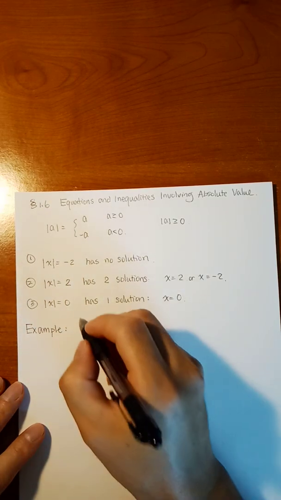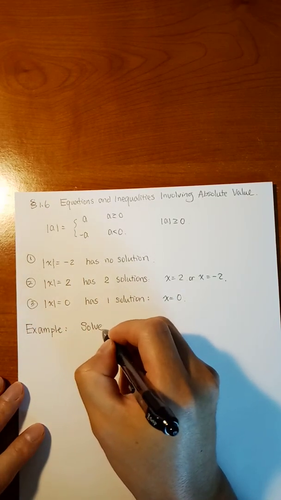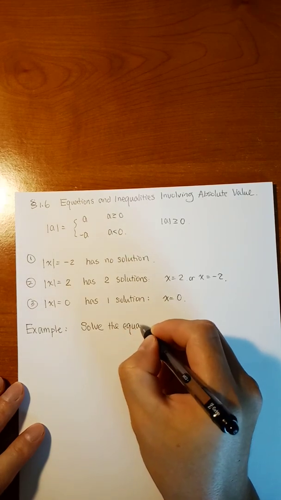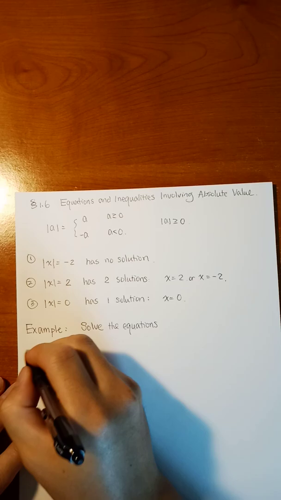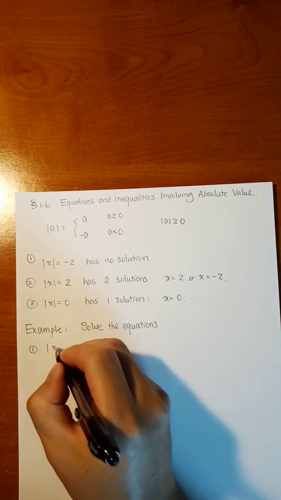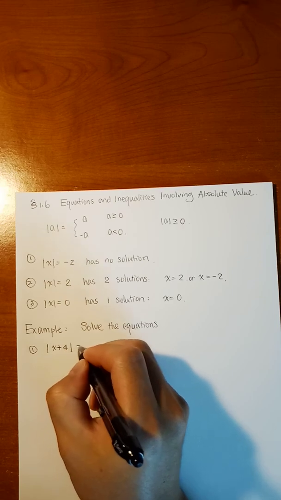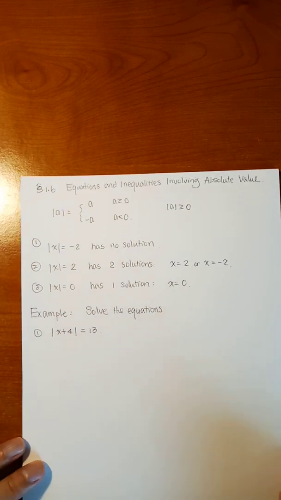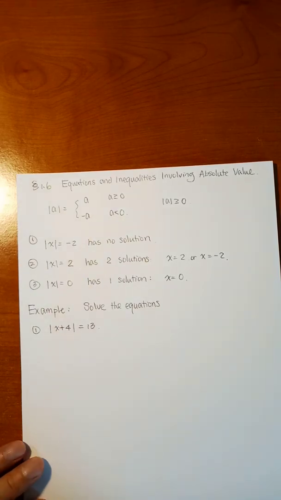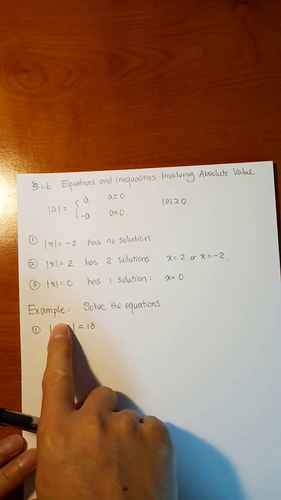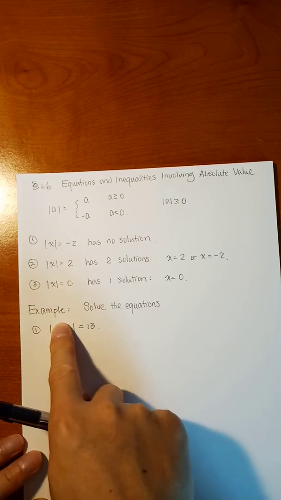Now let's see the example. Solve the equations. 1, we have absolute value of x plus 4 is equal to 13. Whatever is inside is like some internal quantity.